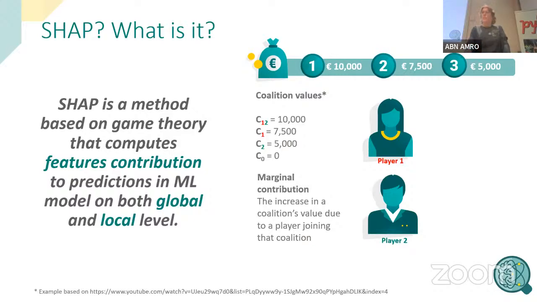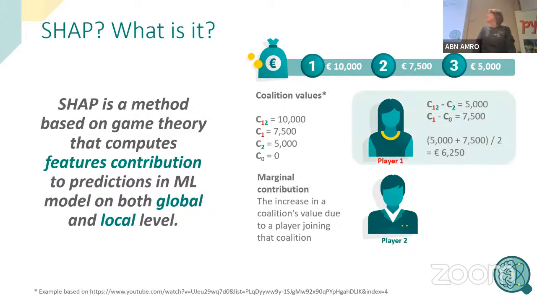So let's calculate it for player 1. Player 1 can make a coalition with player 2, and then instead of being third, they will become first. So the increase will be 5,000 euros, from 5,000 to 10,000 euros. Player 1 can also make a coalition with none of the players.